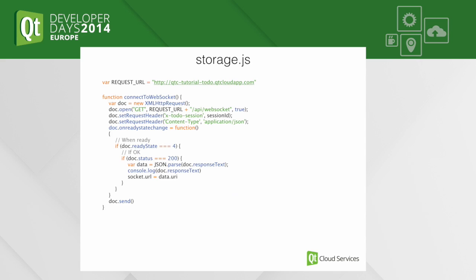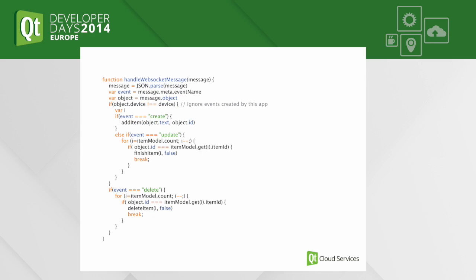And when we want to create a WebSocket connection, we first resolve the WebSocket address, and then we can connect our WebSocket client. And when we got the new WebSocket message, we just parsed it, and based on event information, we create a new to-do item to our user interface, or update the existing one, or delete one.